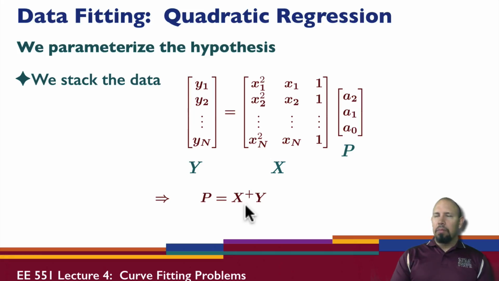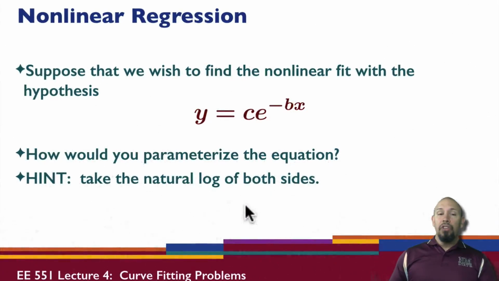This is the solution to that problem. We can also do some other regressions, nonlinear regressions. Suppose we want to find the best fit for a function like this, that y is equal to a function of x, where c and b are unknown coefficients. How would you parameterize this equation?